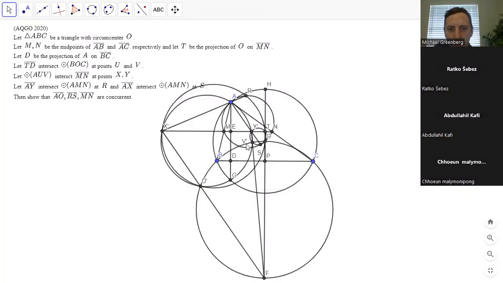Oh, but then how would we define this circle? Actually, yeah, I'm not sure we can do this, because yeah, I don't know if we can do it the way I'm thinking about it.